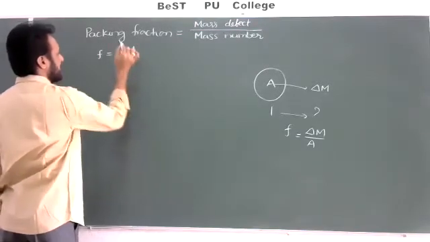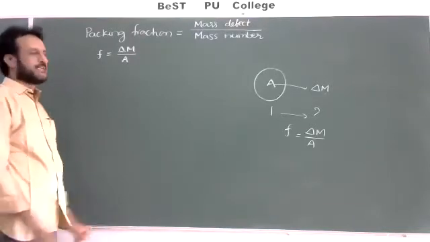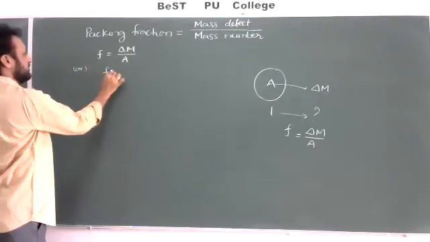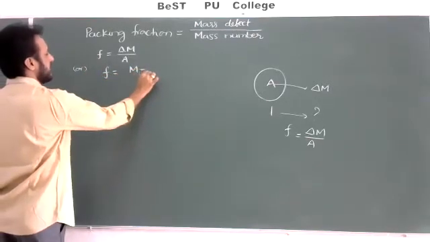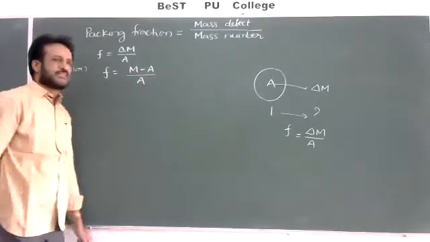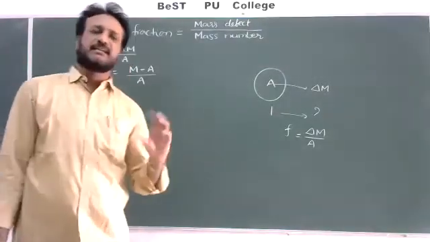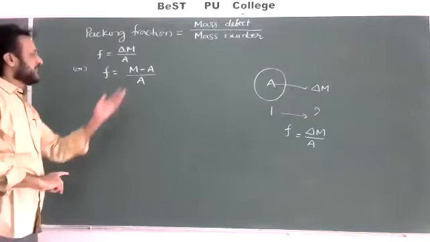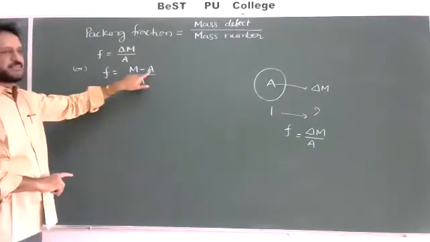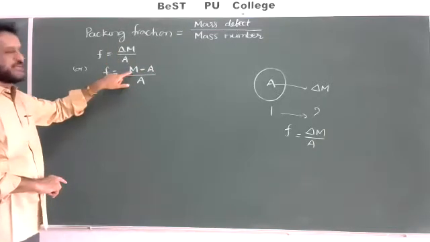We write F is equal to delta M divided by the mass number A. Or we can also write another formula: F is equal to M minus A divided by A. Here M minus A is nothing but the mass defect, the difference between the mass of the nucleons and the mass of the nucleus, divided by the mass number. A is the mass number of the nucleons, and M is the real mass of the nucleus.